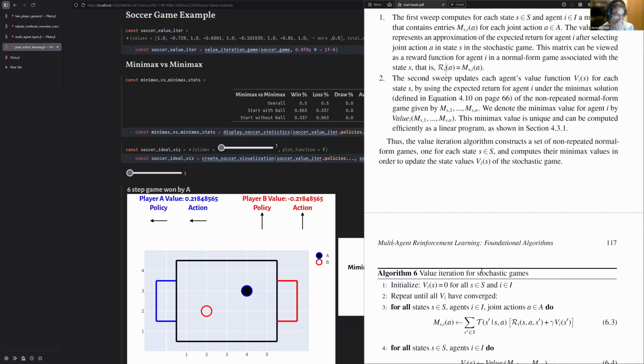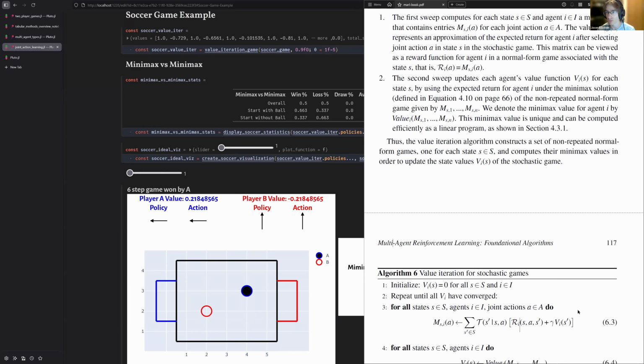But in a stochastic game, you can also transition into other states. So now these M values are going to account not just for, and you can see it written out here explicitly in this recursive form, the immediate reward that the stochastic game provides, but also the discounted value of all of the transition states that you end up in.